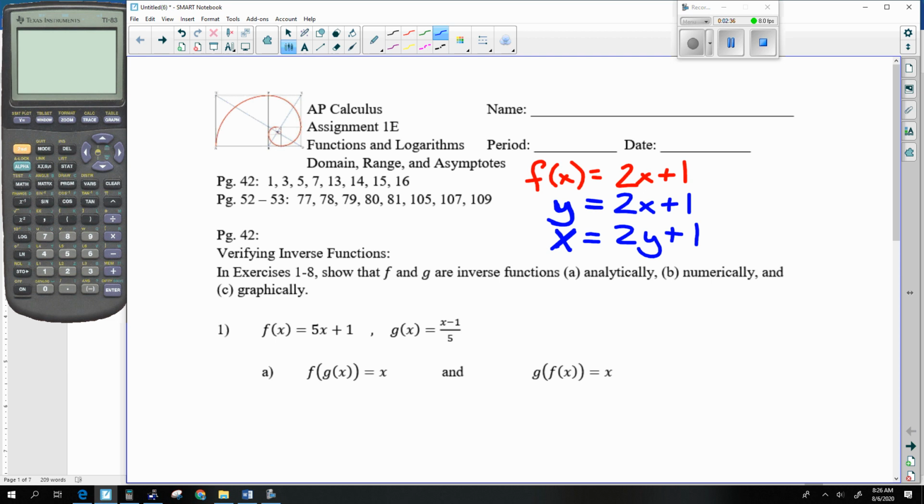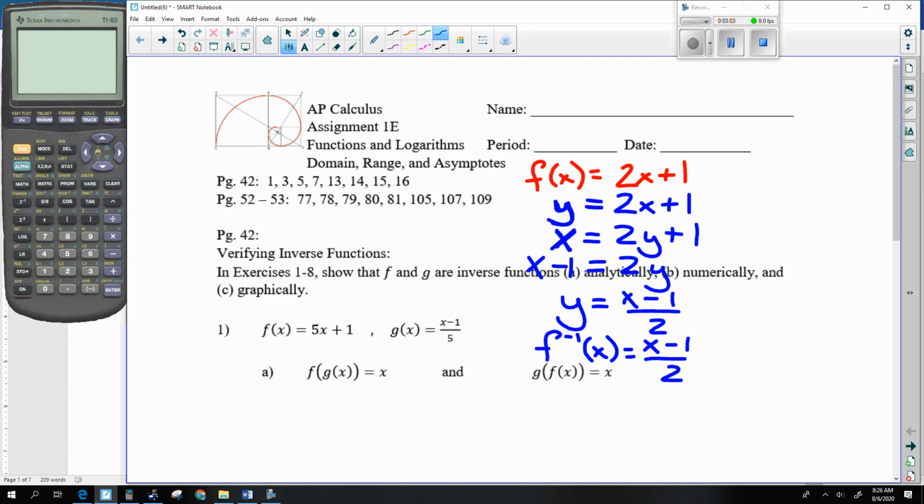So I would subtract 1, and I would divide by 2. Okay, and then understand that this is technically an inverse as such. So that's the idea of taking an inverse and understanding an inverse.